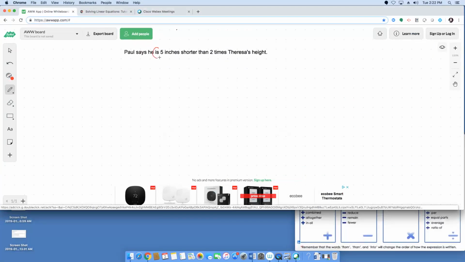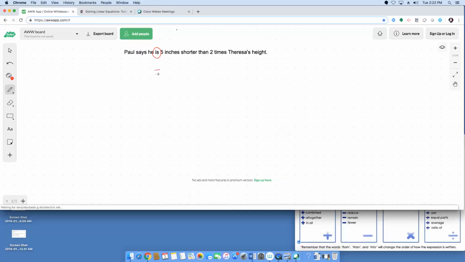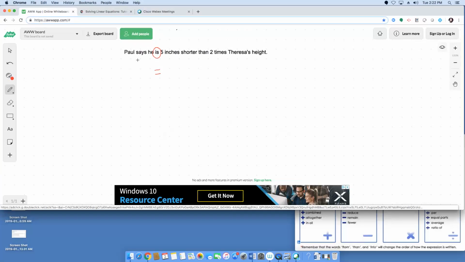Okay. So this is saying Paul is. Whenever you see this word is, it's usually equal. So Paul equals. Now, whatever we have over here, which is Paul, let's just give it a variable. Let's say Paul is P. Okay. Paul is. Paul equals. So see how these things kind of match? That's really all you're doing. You're going to be matching words to symbols. Okay, so Paul is.